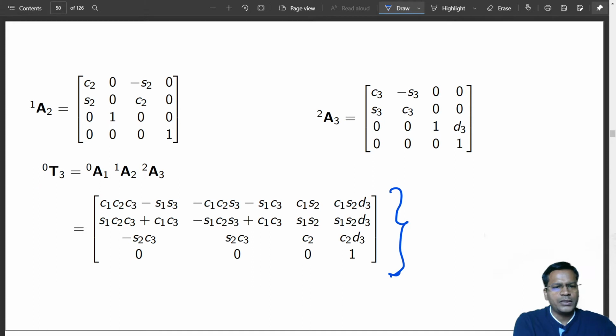This is nothing but an orientation matrix. It is there just to orient, provided you know theta 1, theta 2 and theta 3. All sines and cosines are represented here in a compact manner. D3 is the only distance that exists here.